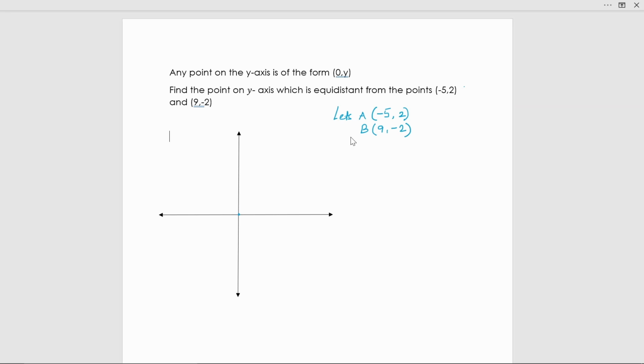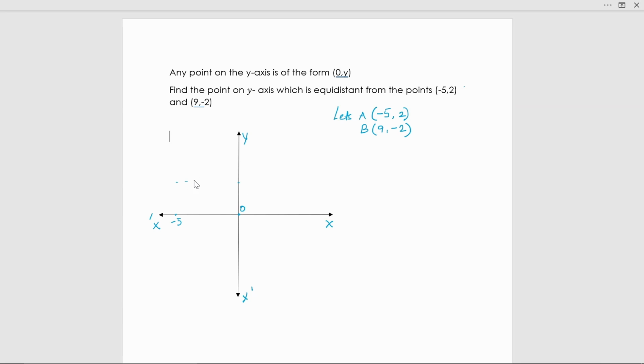A is minus 5, 2. So this is my x dash, and this is my y dash, and they meet at the point O, which is called the origin. Point A is minus 5, so say for example this is minus 5 in the negative direction of the x-axis, and this is plus 2.